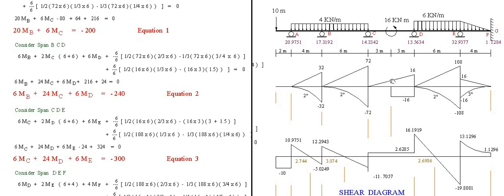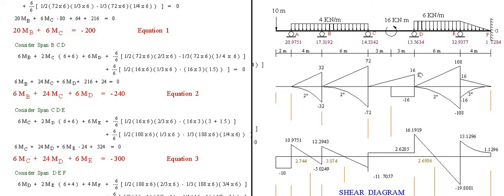The second part, the constant is this. For the second span of BCD, the 6 over second span is 6.